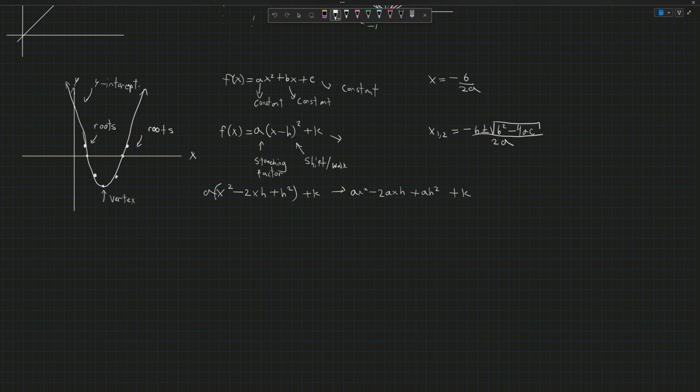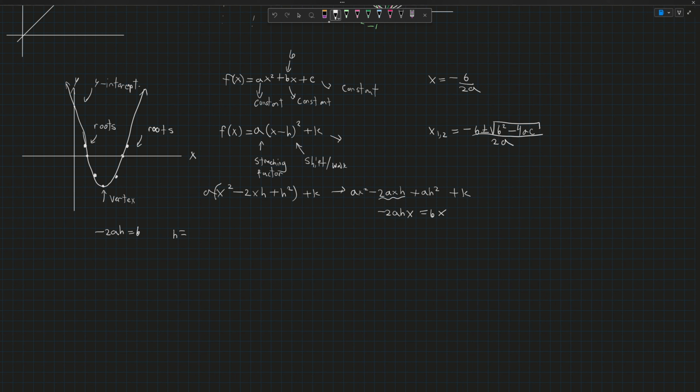And what I want you to notice is that if you look at this point right here, let me rearrange terms and make it a little bit easier. 2ah, I want you to notice that this is essentially equal to the same term b. So we could say that this is equal to bx. We could divide this out. Excuse me, we could divide this by 2a.